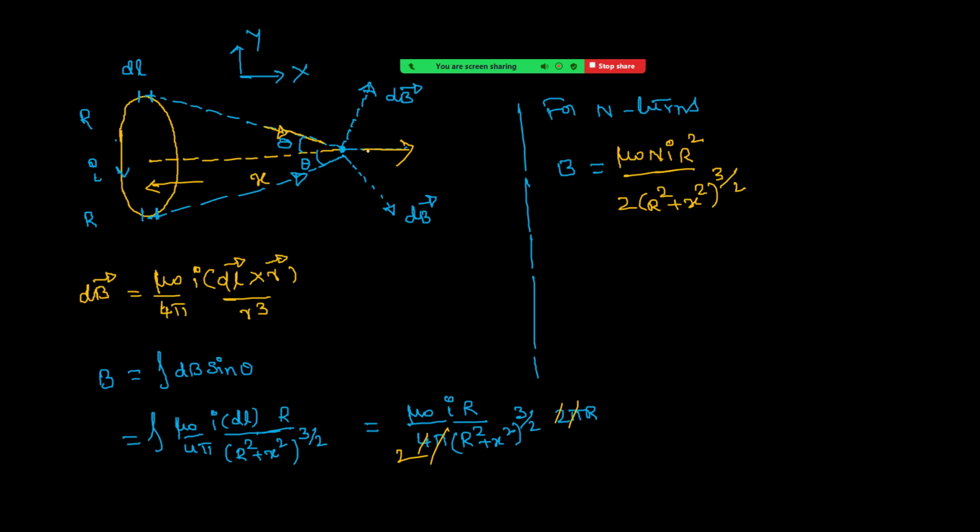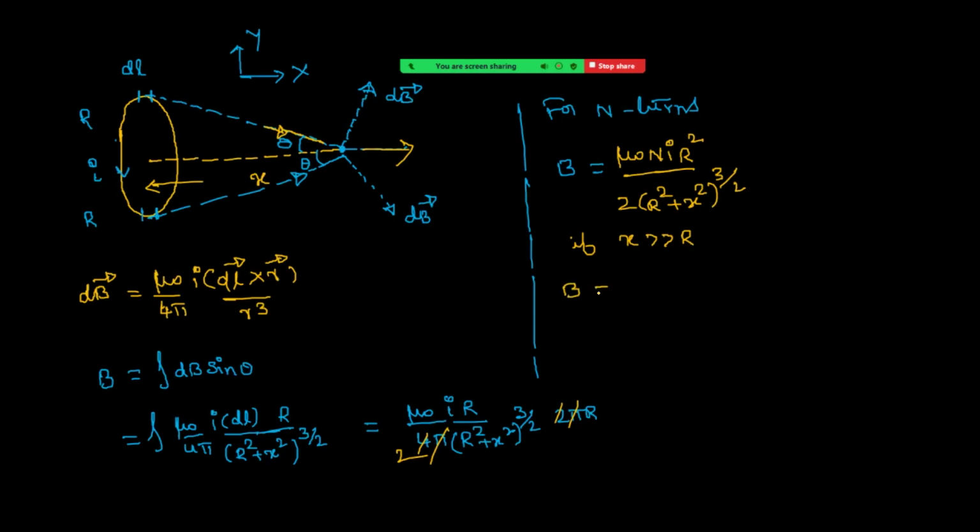That means it is along the x-axis, so it is along the axis. This is the value. Now see here what we are doing. Suppose x is very large compared to r, then see what we get.